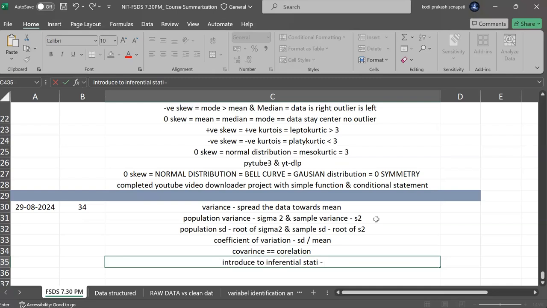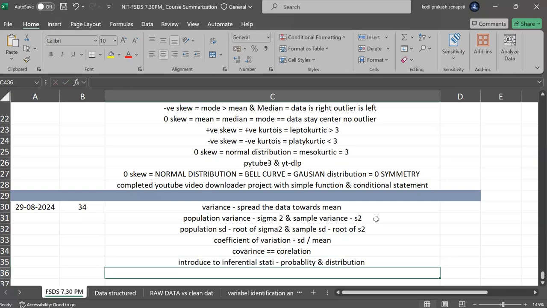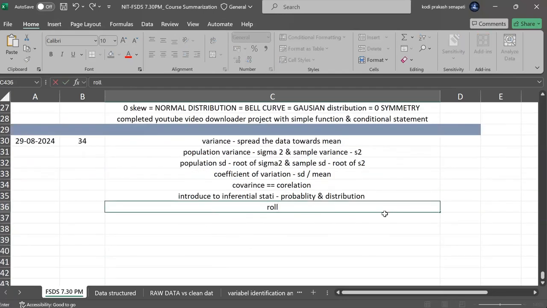Inferential statistics. What is inferential statistics? Probability and distributions. So we have done this, guys. Roll of one dice, what distribution did we generate? Uniform distribution.